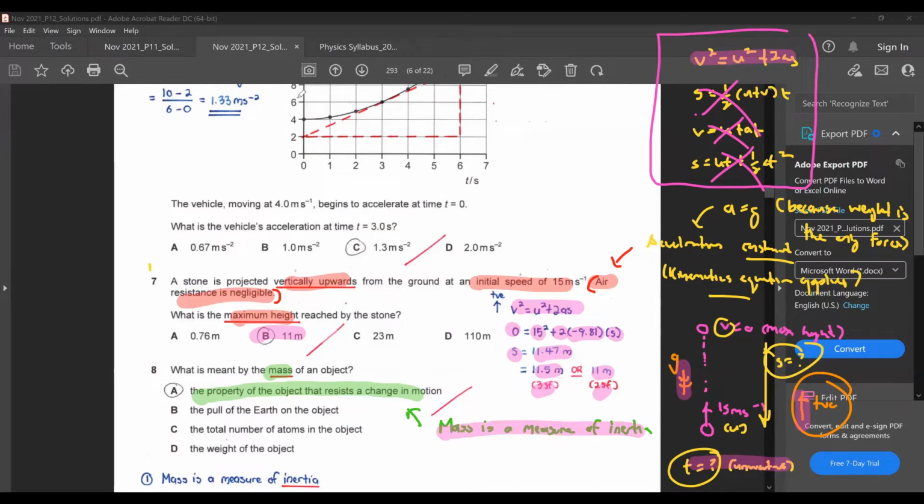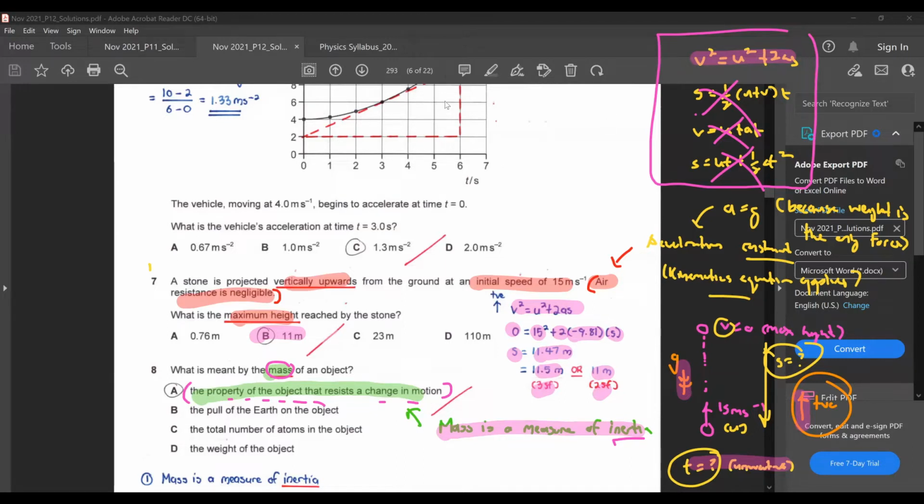So inertia is the resistance to change in motion. So it is actually correct to say this. Mass is the property of an object that resists changes in motion, because mass is a measure of inertia.